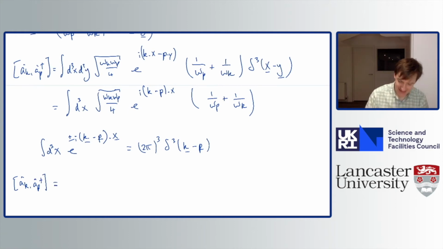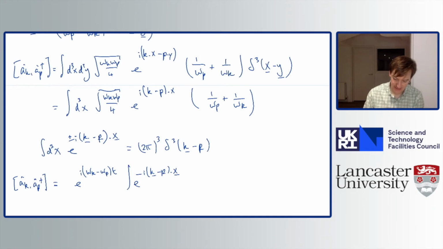Okay, so again, we're only integrating over d3x. So let me start by writing down what the time component is, because the time component isn't integrated. The bit that we have integrated is the e to the minus i k minus p dot x term. That's the bit that we're going to integrate over d3x, and then replace with our delta function.